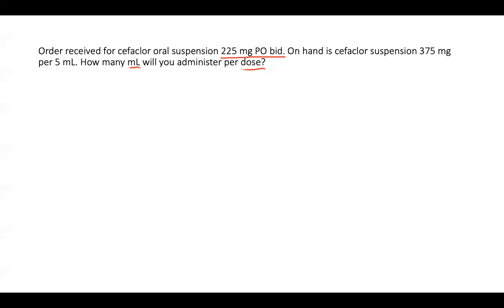So let's work this problem using our steps, starting with step 1. What are we looking for? The question says, how many milliliters will you administer per dose? So we are looking for milliliters per dose. This is one of the things that I do differently.